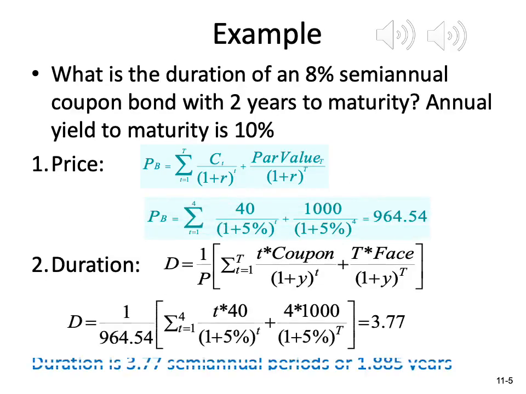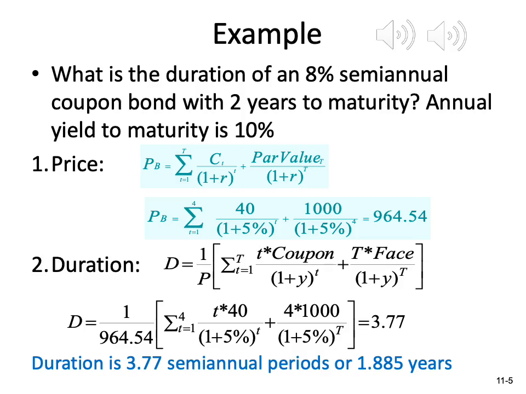In this chapter, I will use this very simple numeric example to show you how to calculate the duration. So what is the duration of an 8% semi-annual coupon bond with 2 years to maturity? Annual yield to maturity is 10%. Well, first of all, we need to calculate the price of the bond.